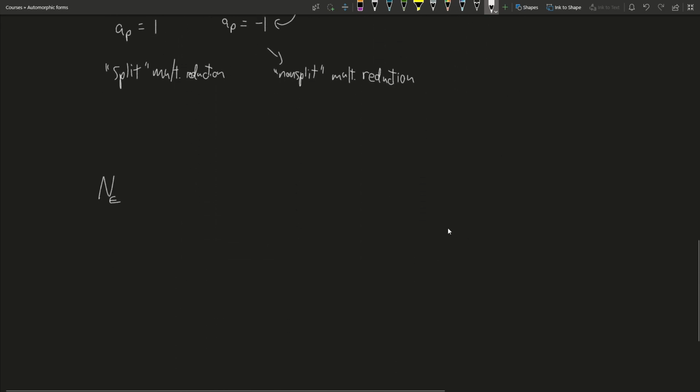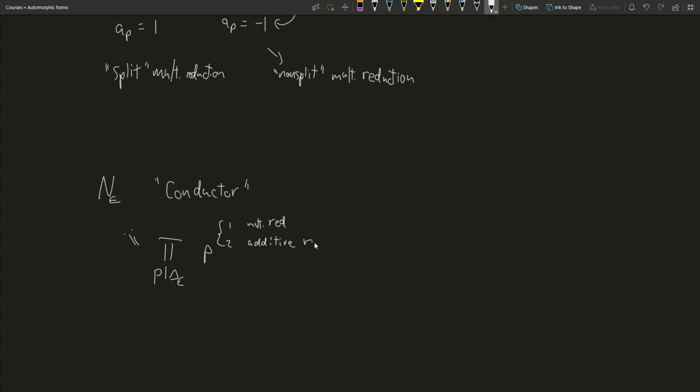And then you have this other relevant quantity called the conductor of your elliptic curve, and it's defined to be the product over the primes that divide your discriminant, where the exponent is going to be 1 if you have multiplicative reduction, and it's going to be 2 if you have additive reduction.